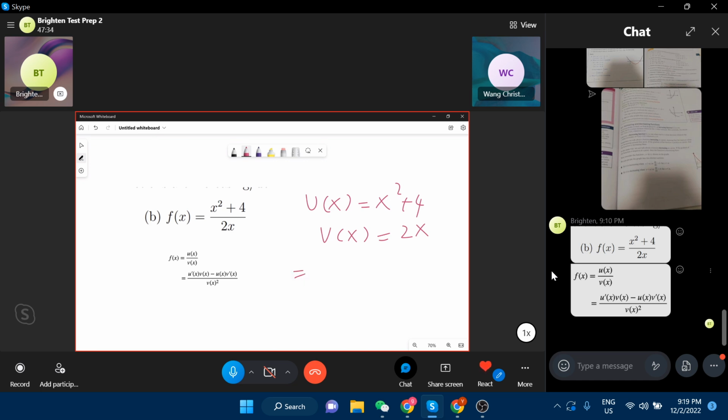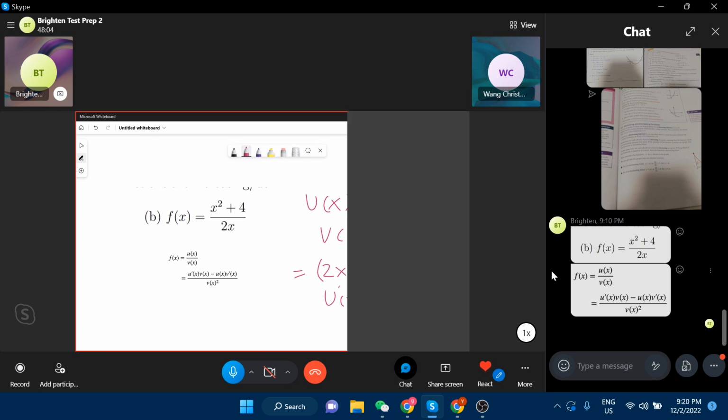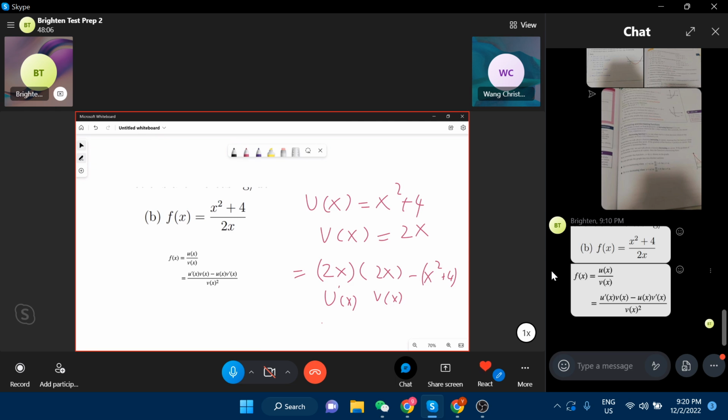So I'm going to go u prime of x times v of x, so 2x and then 2x. So this is u that's differentiated, and then v is the same. Minus x squared plus 4 in brackets, and then when you differentiate v of x, you just get 2, right? Yeah.